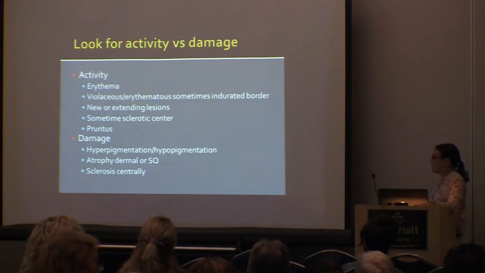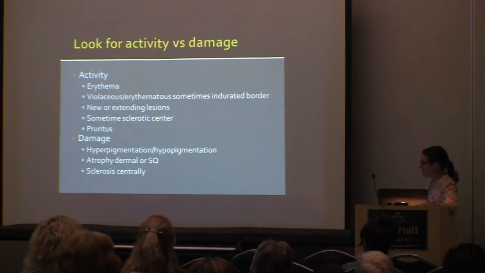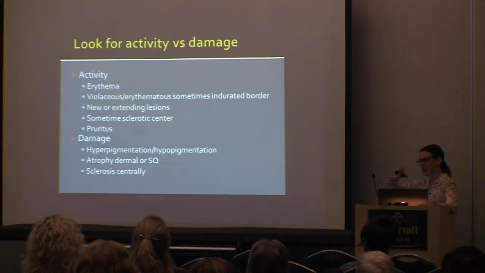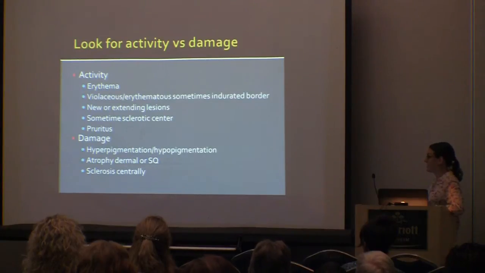So activity has the following features: erythema, which means redness, or almost a purple look, and, when you feel it and touch it, a thickened border. So activity actually is the redness around the periphery of the lesion. New or extending lesions; I follow people with photography, or by history if it's the first time seeing them.